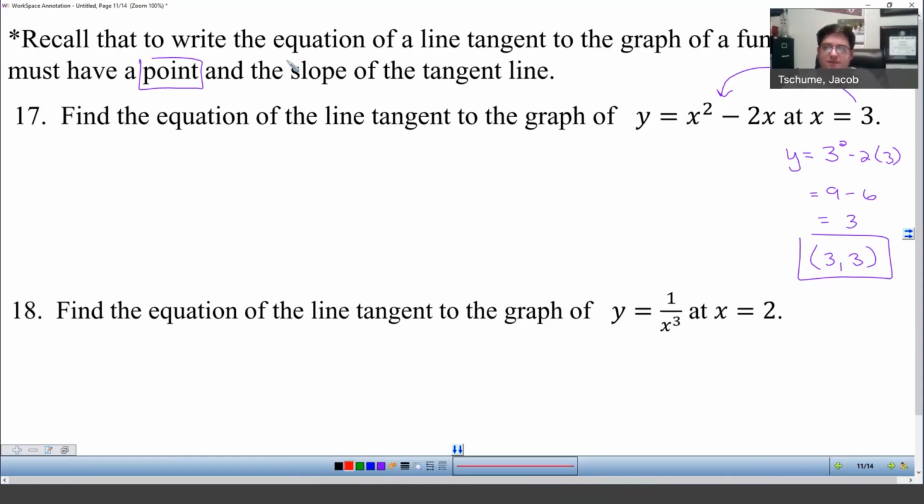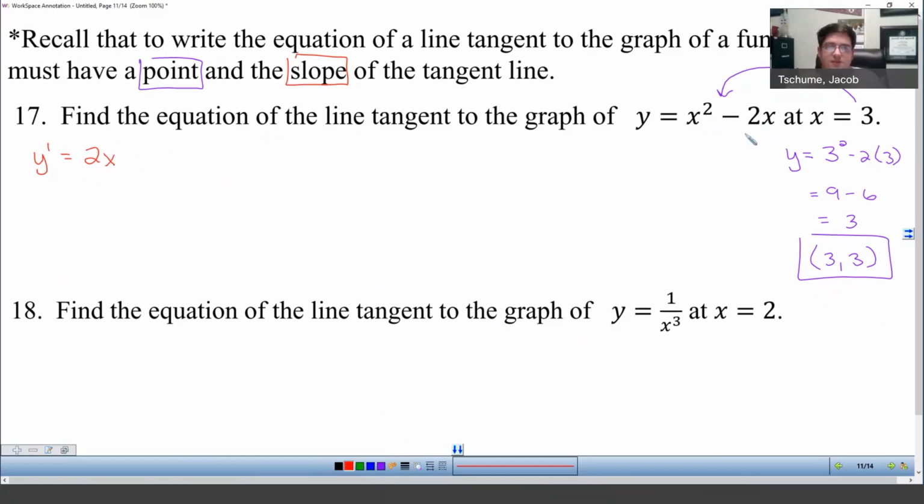The next thing you have to find is the slope. From the last video, to find the slope of a tangent line, step number 1, you have to find the derivative of your function, which is going to be y prime. Now that we know the power rule, we can apply that. The derivative of x squared would be 2x.